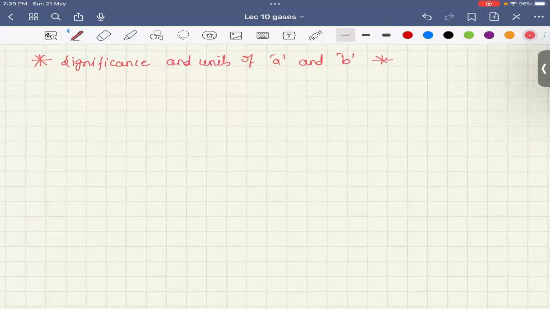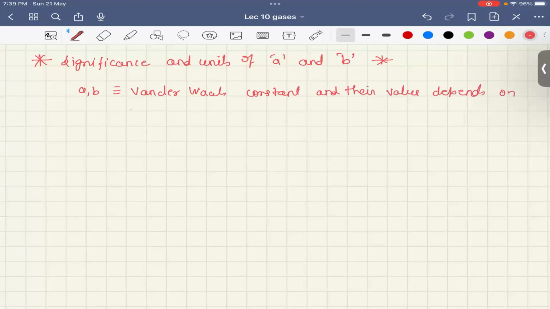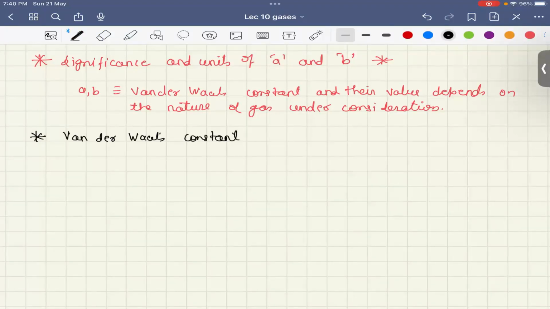The constants a and b are called van der Waals constants, and their values depend on the nature of the gas under consideration. So let us first see the van der Waals constant a.